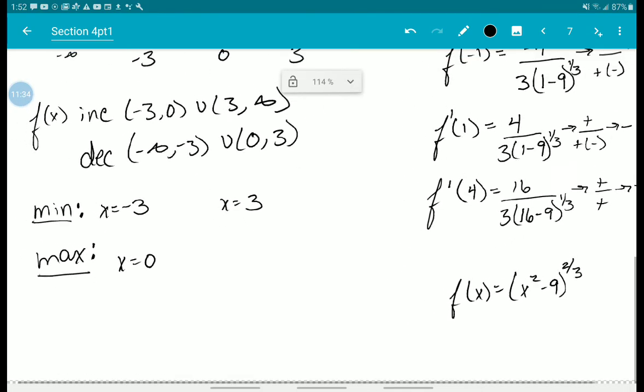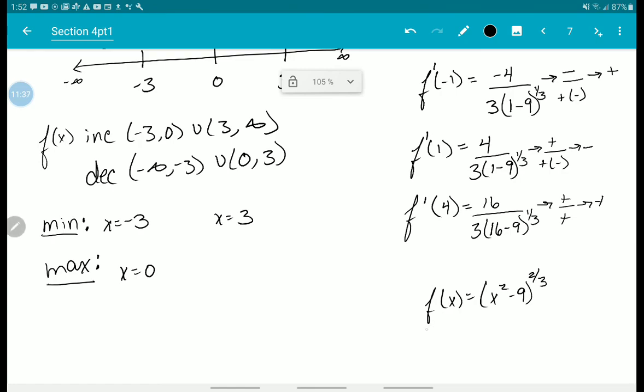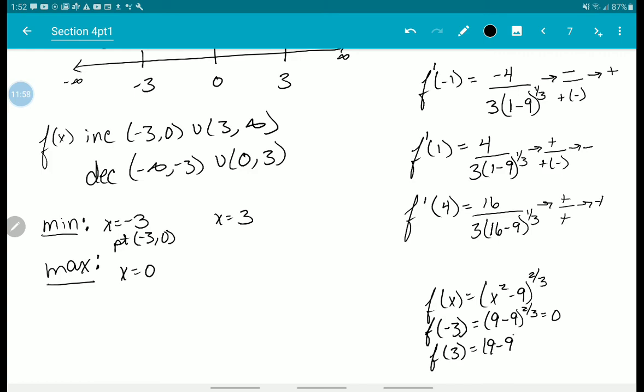That's what we're going to use to find those y coordinates. So if we substitute in a -3, we're going to have -3 squared, which is 9, minus 9 to the 2/3. That's going to be a 0. So our point is going to be -3, 0. And then we're going to do the same thing for that 3. Substituting 3 in is also going to give us 0.